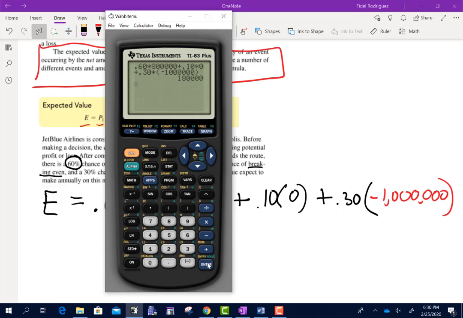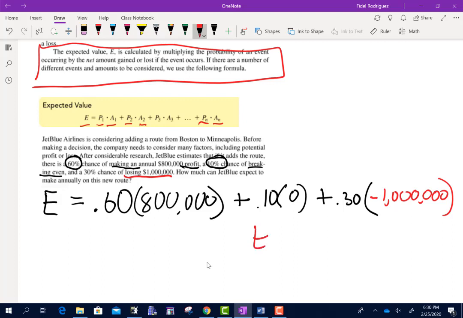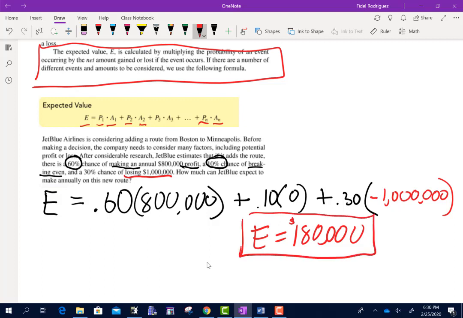And hit enter. So our expected value is 180,000. So over the long run, they can expect to make $180,000 a year on average, right?